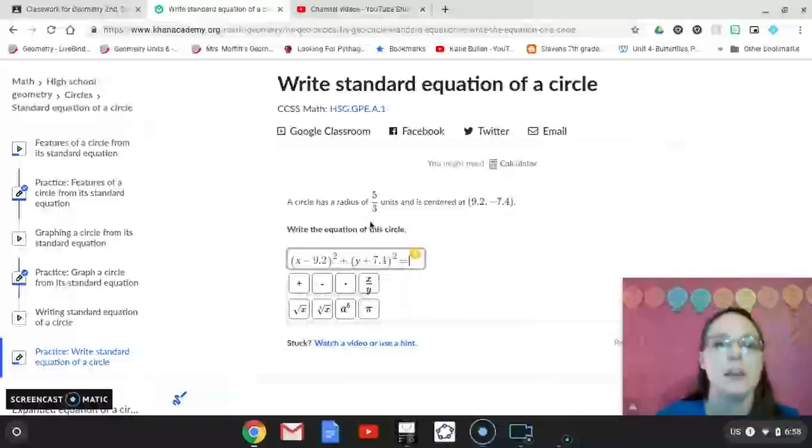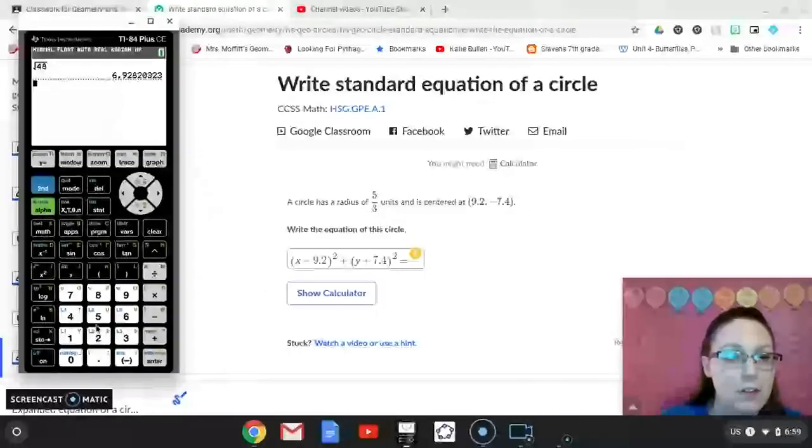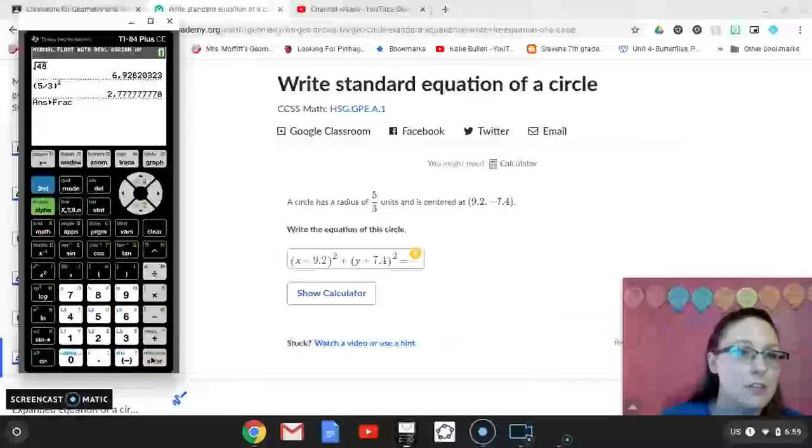Equals, okay, so if the radius is 5/3, remember that what goes in our equation is the radius squared. So I'm going to take 5/3 in my calculator here, and I'm going to square it. All right, and that is a repeating decimal. It does not say to round anywhere on here, so next I'm going to do math, enter, enter, and I got 25/9.